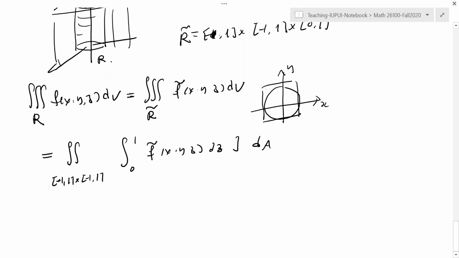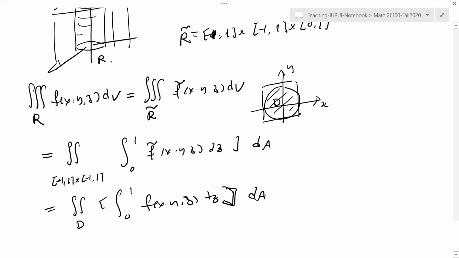All right. So I cannot remove the f2 yet. So I can change this to the disk D. Okay, this is my D. So I can put D here again. Once I put D, because outside D for x, y, this is going to be 0, I can change the function to the original function, then dA.